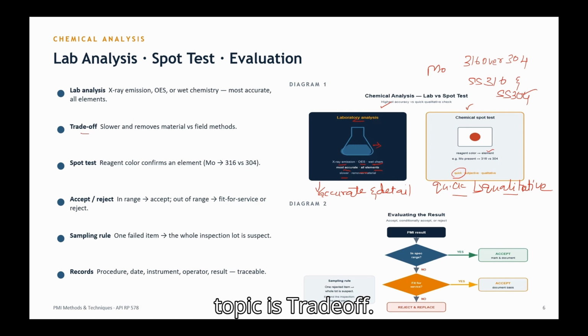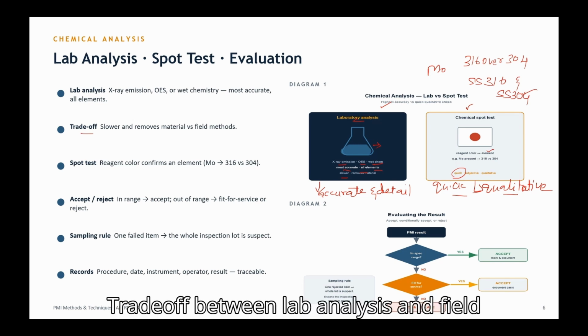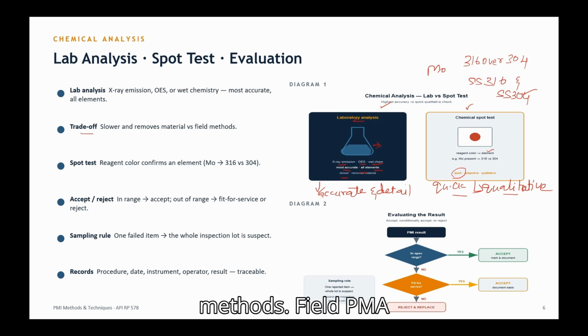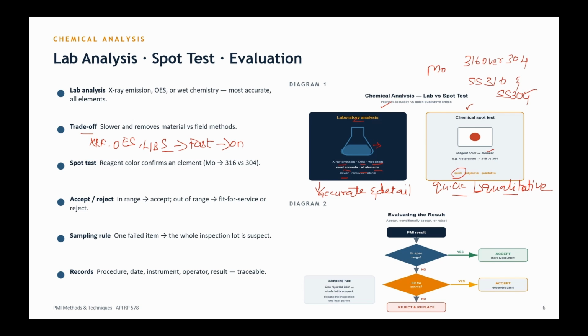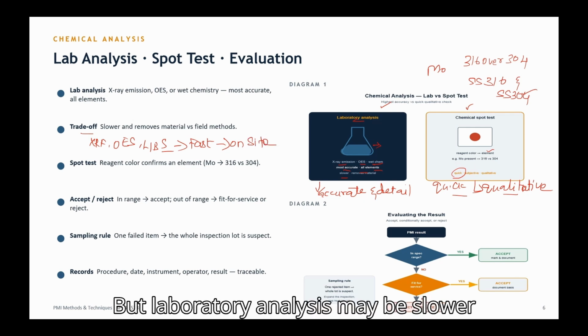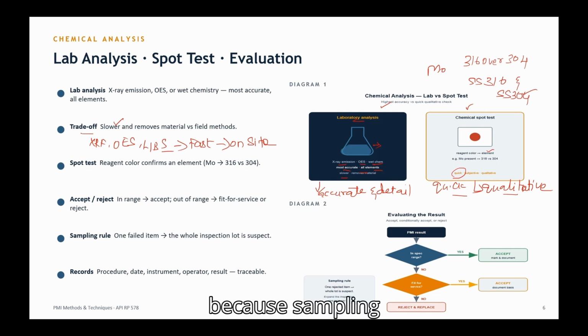Okay. The next topic is the trade-off between lab analysis and field methods. Field PMI methods like XRF, OES, and LIBS are faster. They can be performed directly on the site. But laboratory analysis may be slower because of sampling, transportation, testing, and reporting.